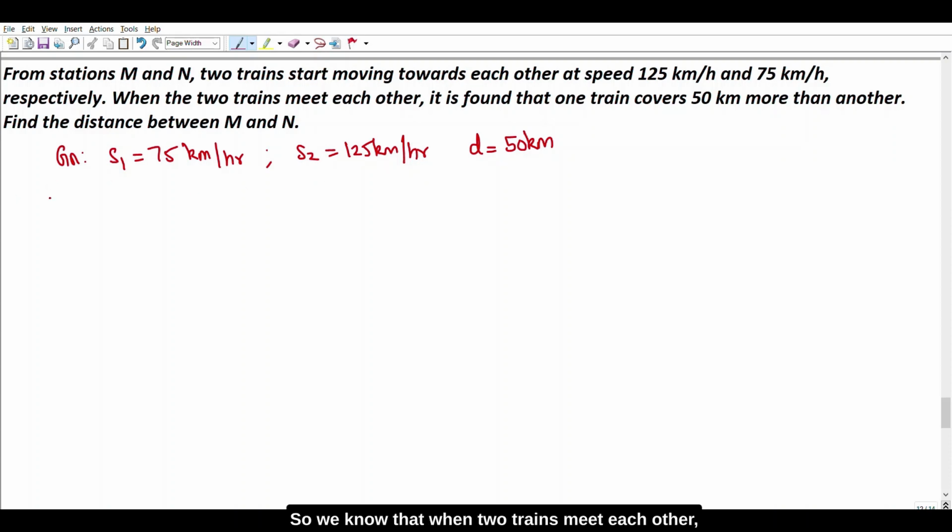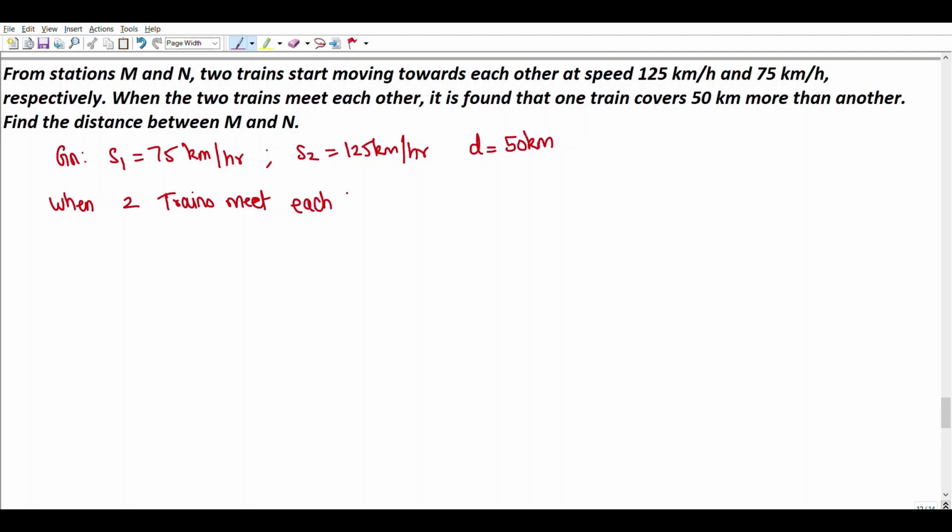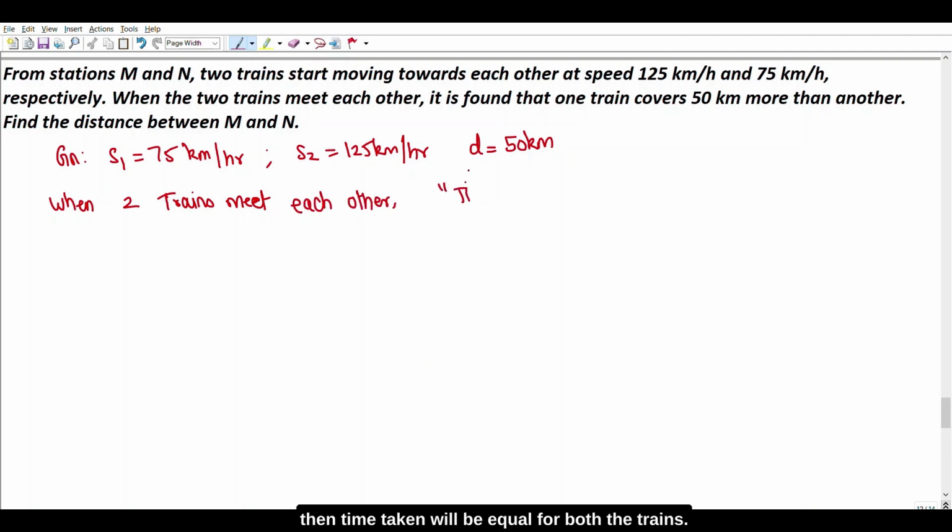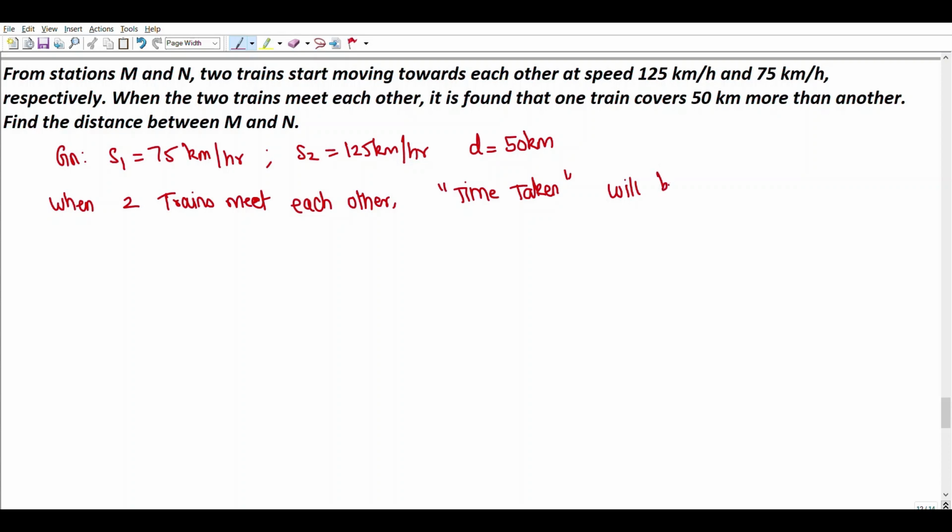So we know that when two trains meet each other, then time taken will be equal for both the trains.